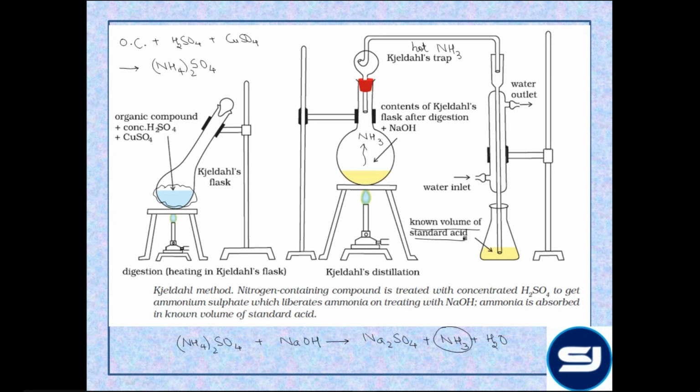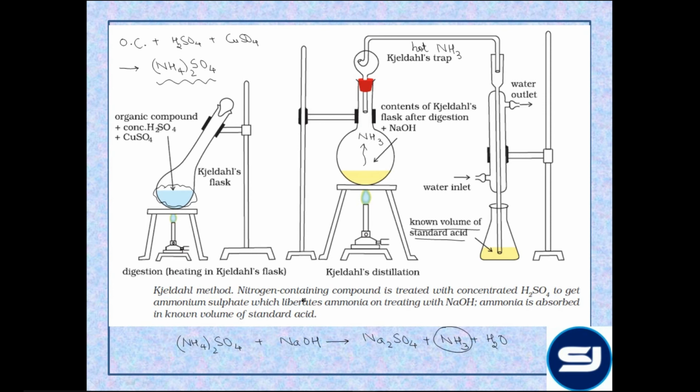So the overall apparatus and working of Kjeldahl's method is: first we take the organic compound containing nitrogen, whose estimation is to be done, added with concentrated sulfuric acid and cupric sulfate. In the Kjeldahl's flask, we have the formation of ammonium sulfate. Then the contents of this flask after digestion are transferred into this RB flask and added with NaOH.